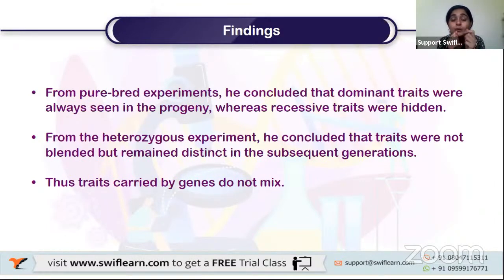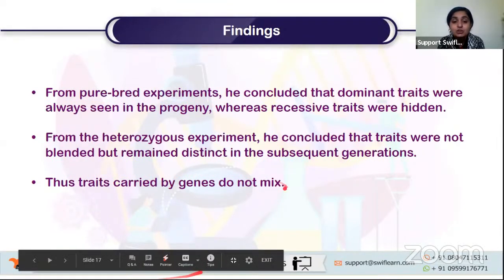Otherwise, we always see that the dominant traits were picked up in the progeny, whereas recessive traits were hidden. From the heterozygous experiment, he concluded that the traits were not blended but remained distinct in the subsequent generations. Thus, traits carried by genes do not mix.